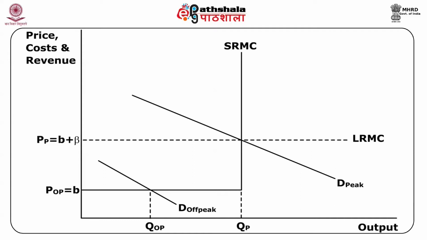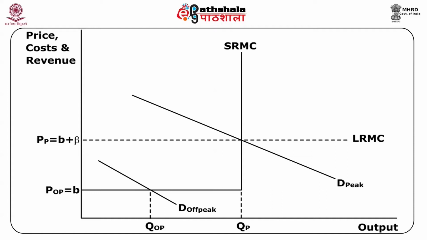At this output level, the SRMC curve becomes vertical, reflecting that increasing output beyond this level requires increasing the firm's capacity in terms of maybe building another plant.